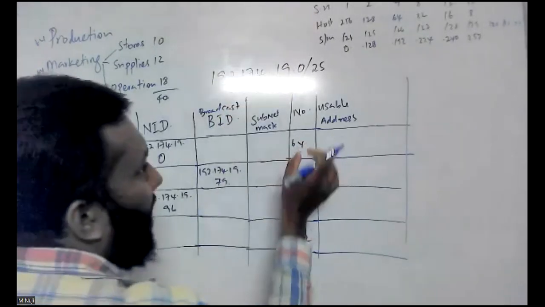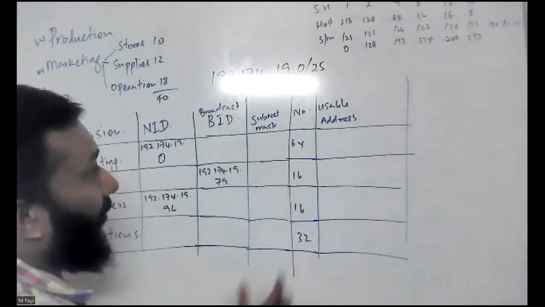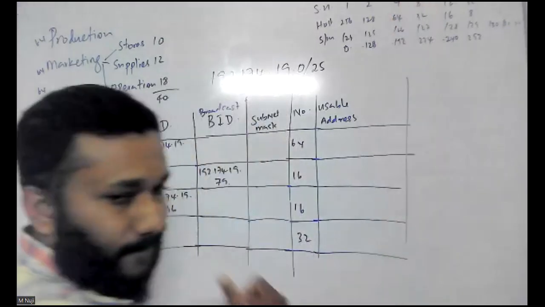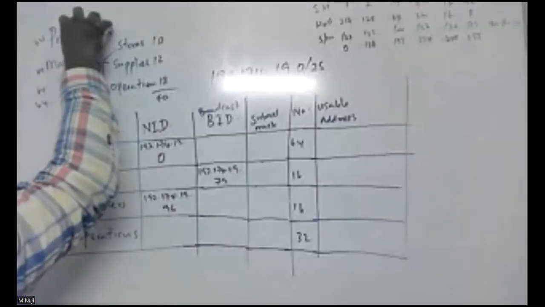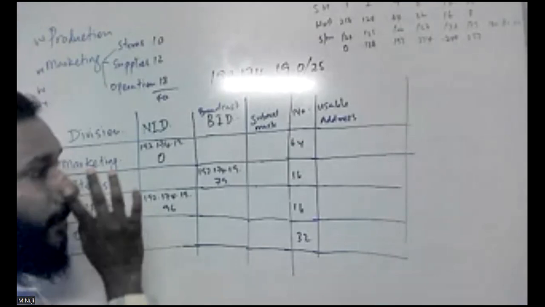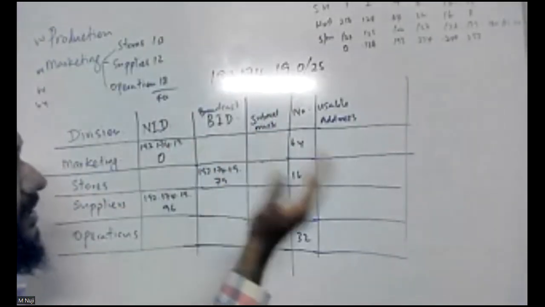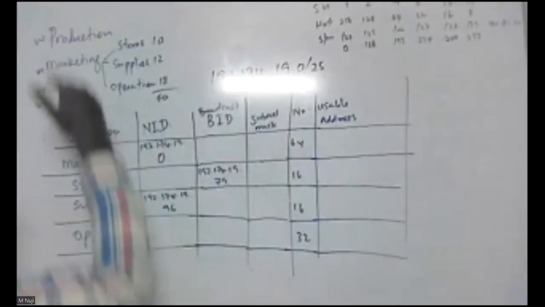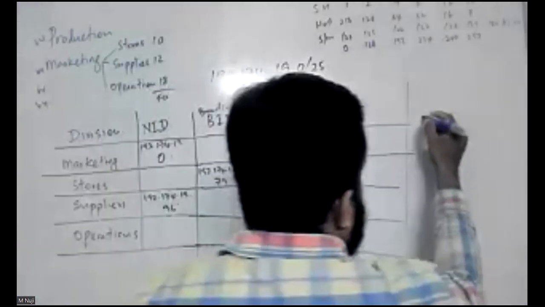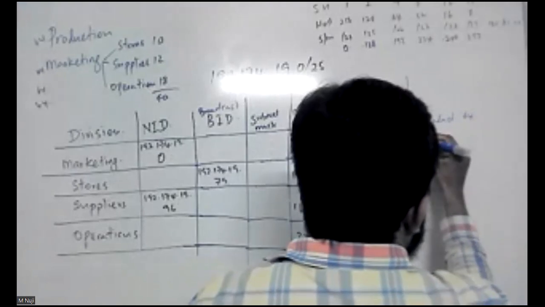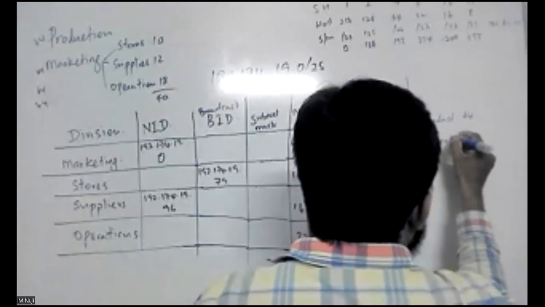Here they have given 64. So look at this one, this is your main portion. For the production, 64 has been given. Another 64 is given to the marketing.